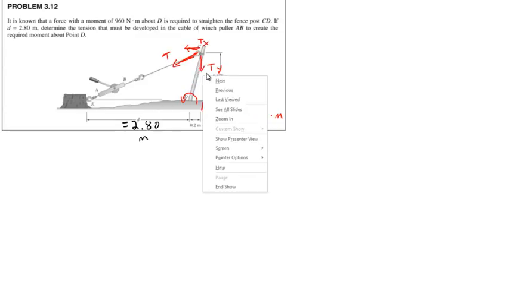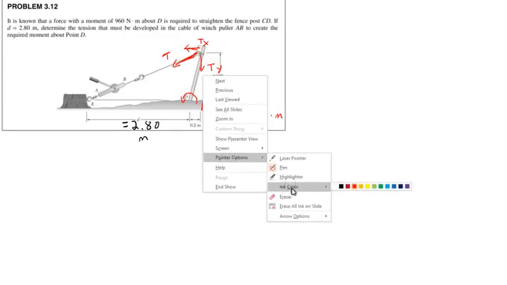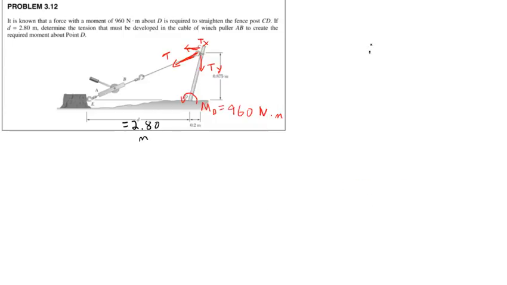Okay, first I need to analyze the tension force here. We don't have angles, instead we have dimensions, so I need to tease out the x and y components. So let's look at the tension here. What do I have? The dimension triangle for this thing: from here to here in the x direction is 3.0 meters.